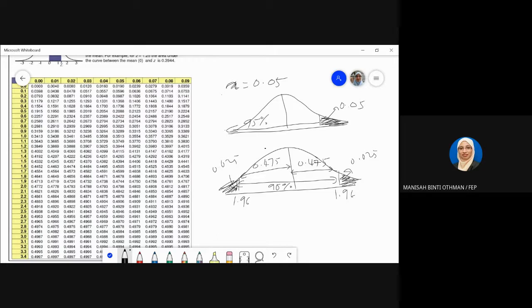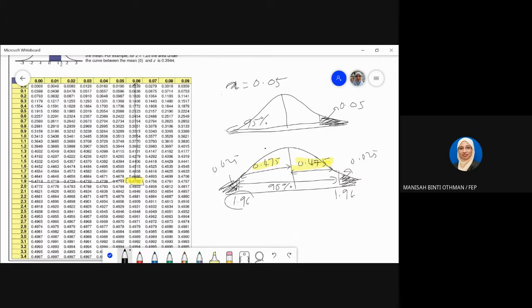We can find the 0.475 in this table, in the middle here. Then you see the value 1.96.